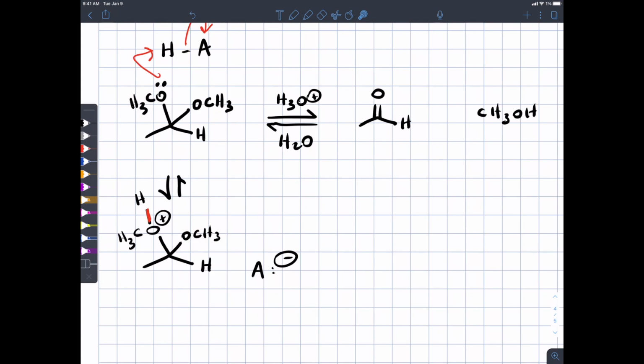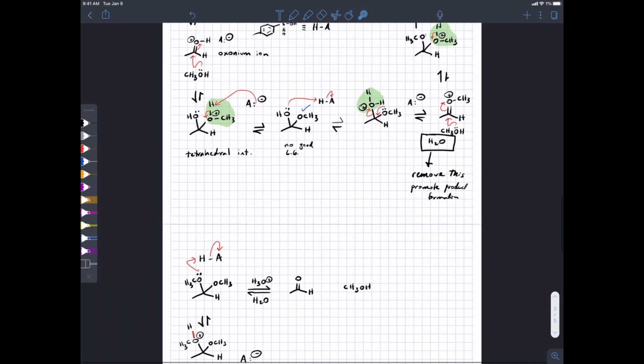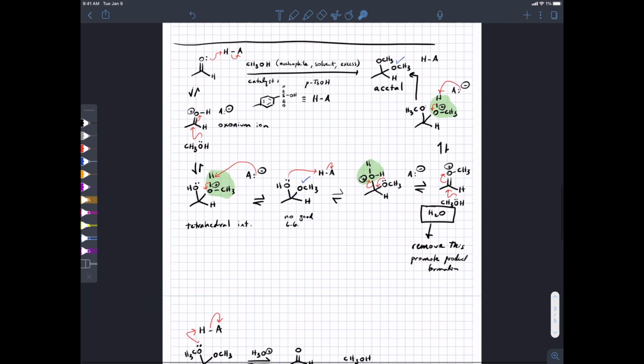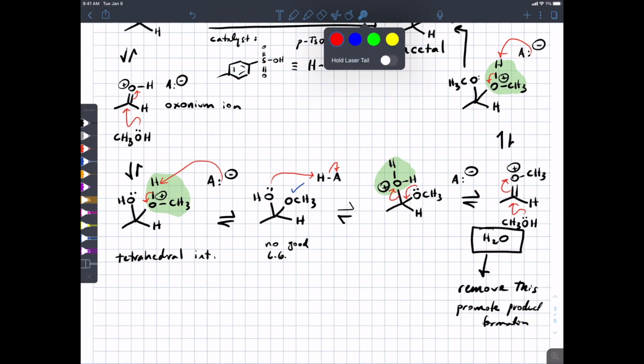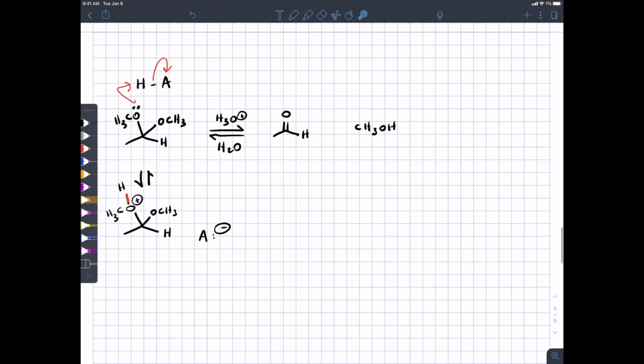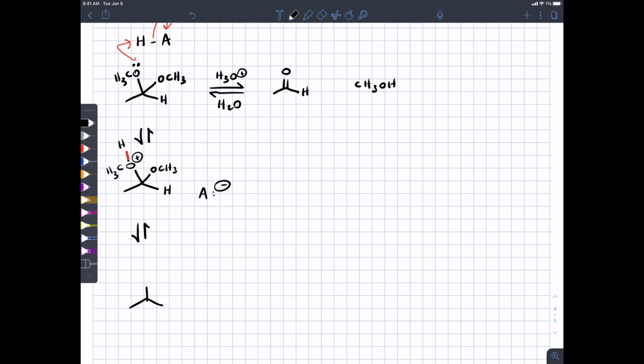Sorry. Okay, so where are we going next? Let's go back to that acetal formation mechanism. We've just drawn how to form this intermediate. The previous intermediate is that oxonium ion. So let's draw that oxonium ion.